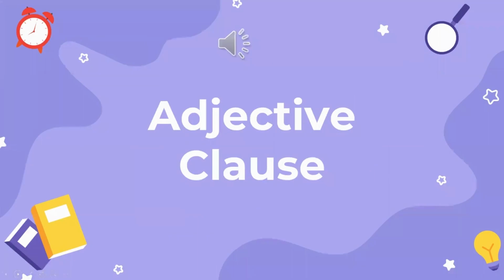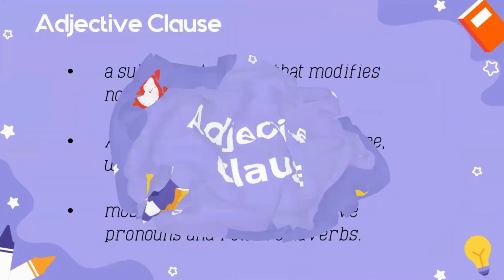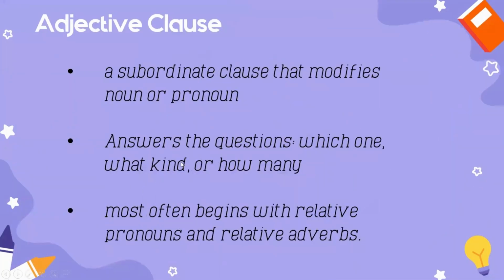Now let's start with the adjective clause. How would you know it is an adjective clause? Let us focus first on the adjective clause, which can also be called adjectival clause. When we say adjective clause, it is a subordinate clause that modifies a noun or pronoun.